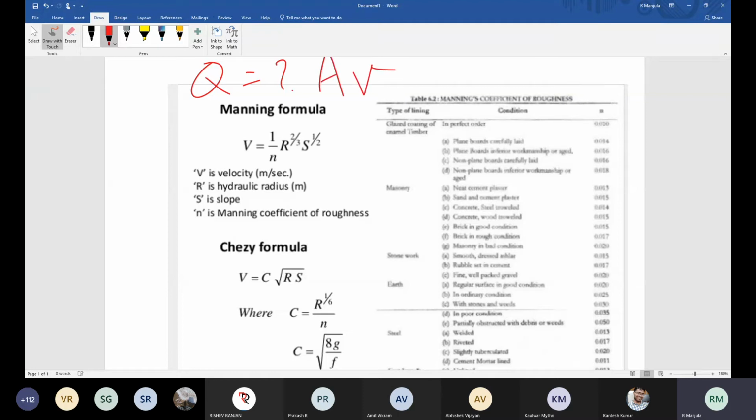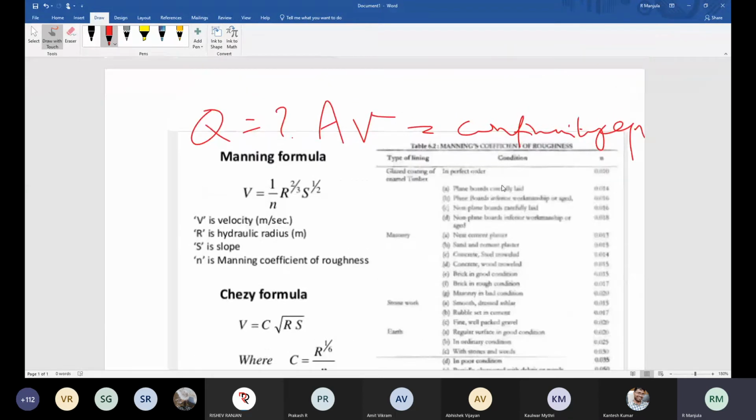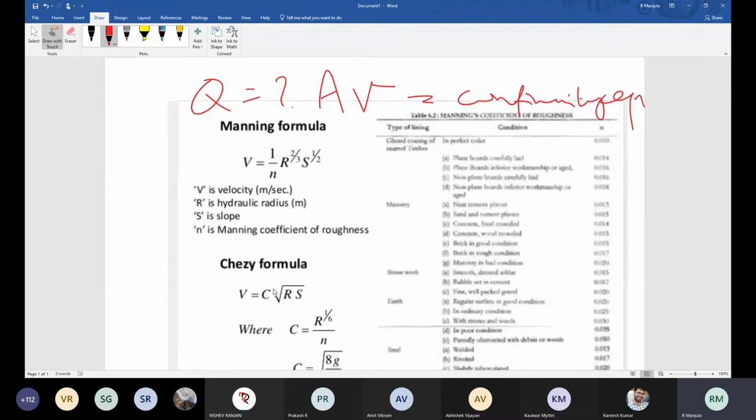Area multiplied by velocity will give you the discharge. The same continuity equation which you have studied for pipe flow is also applicable here. So you can know the discharge of the flow if you know the cross-sectional area and the velocity of the flow. And the velocity of the flow could be estimated by using Chezy's formula and Manning's formula. Both could be used.